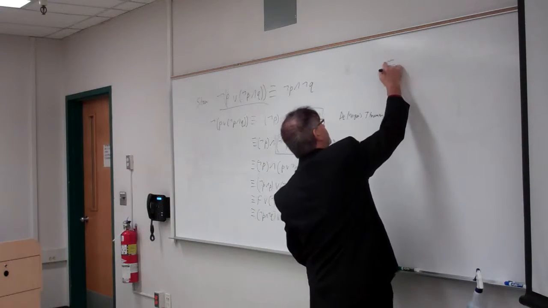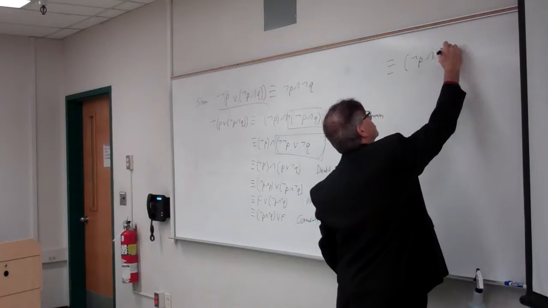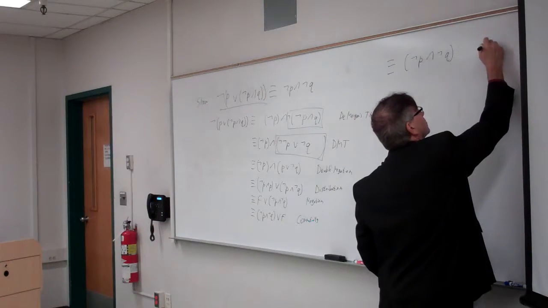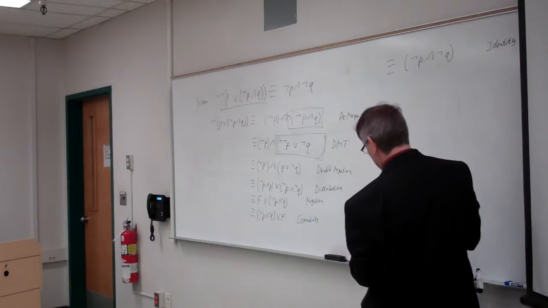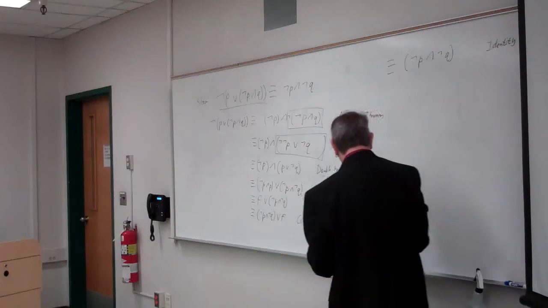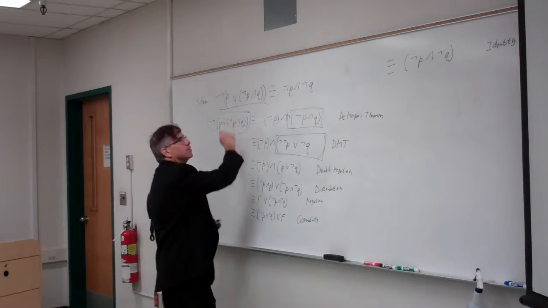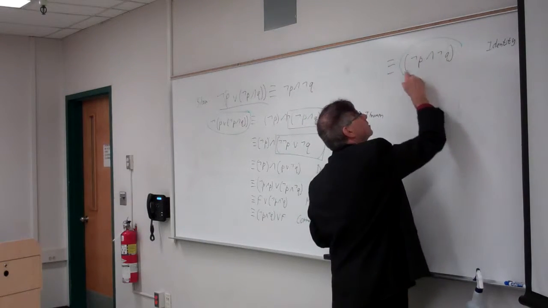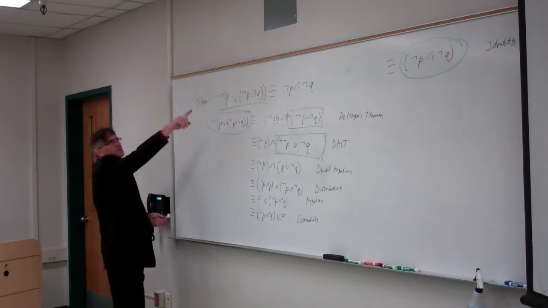So let me move over to another page. So this is equivalent to not P and not Q. That's identity, because we're ORing with false. And so from all of this, we've shown that this is equivalent to this, which is what we were trying to show.